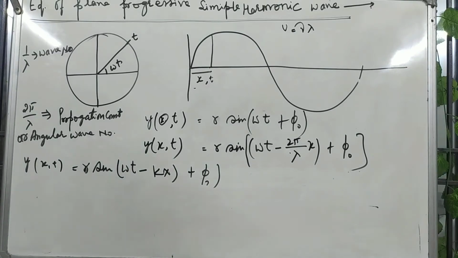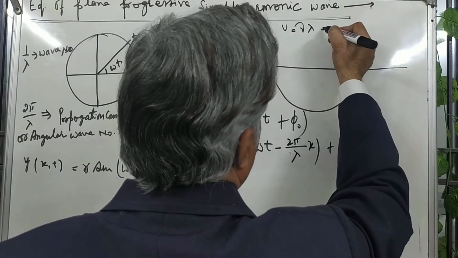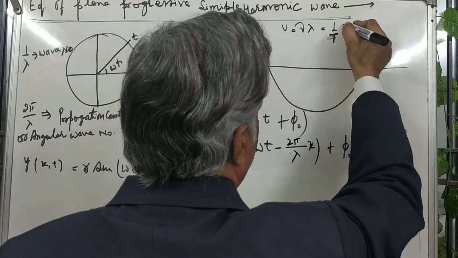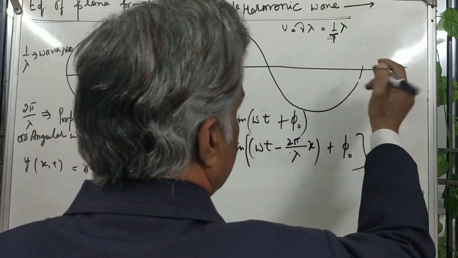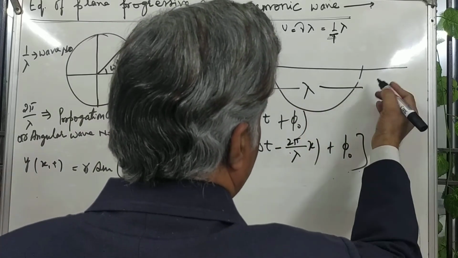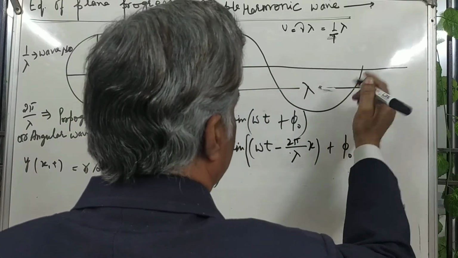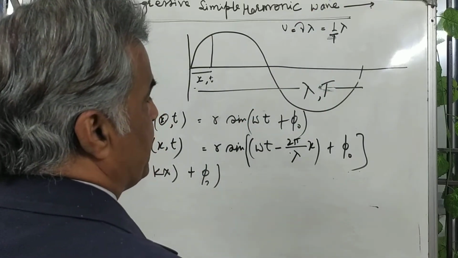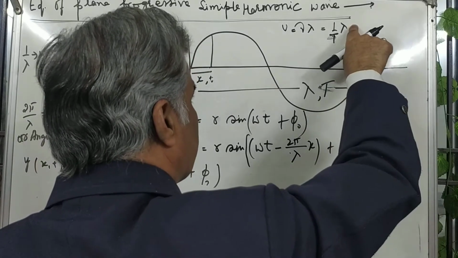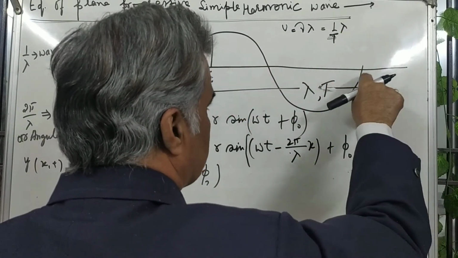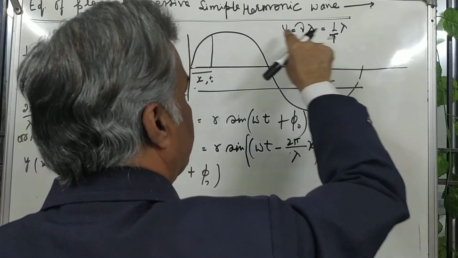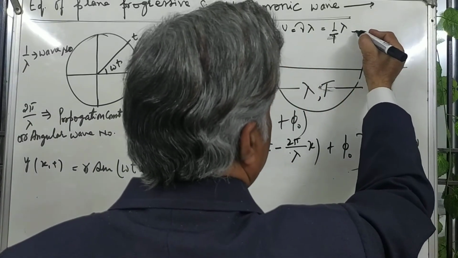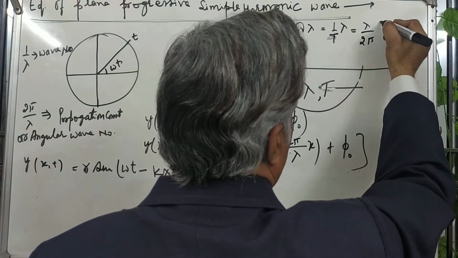That is velocity equal nu lambda, and the frequency nu is 1 upon T. Lambda is the distance, and T is the time from this point to this point, the wavelength lambda and time period T. So nu equals 1 upon T, and velocity is distance upon time, lambda upon T. This is also velocity, distance upon time, and T equals 2 pi by omega, so velocity is lambda upon 2 pi by omega.